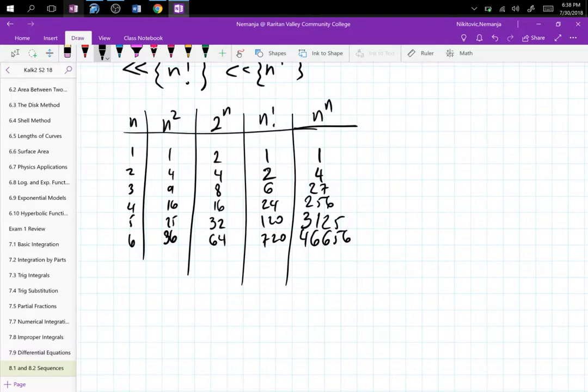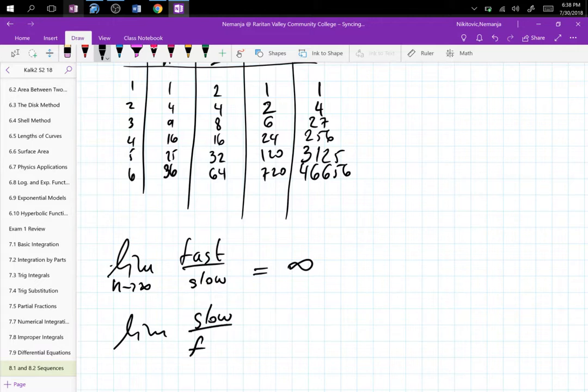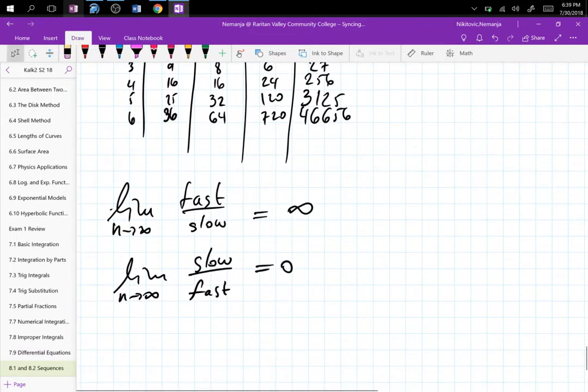Now the thing over here, we say the limit as n goes to infinity of fast over slow is going to be infinity, and the limit of slow over fast is going to be 0. Now, when do you get numbers?